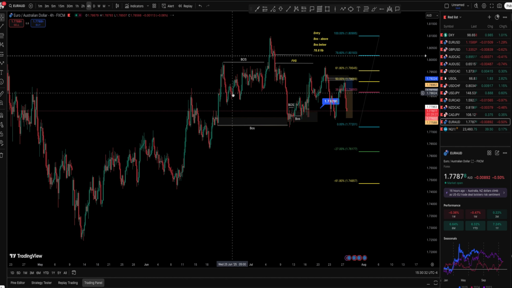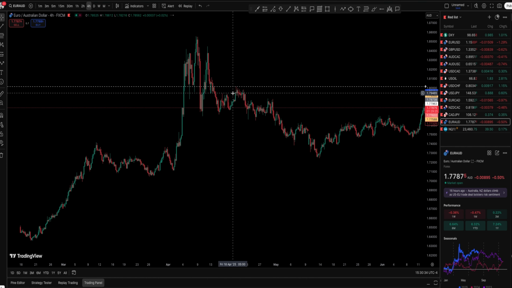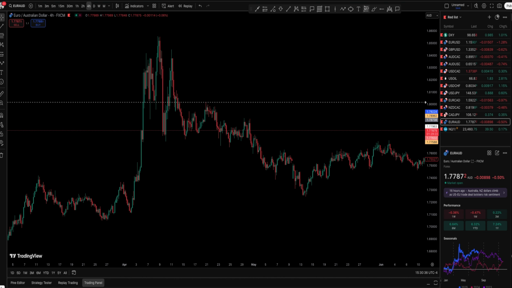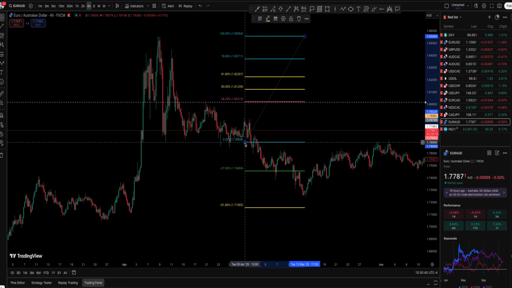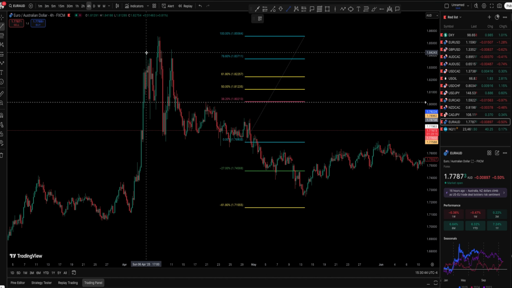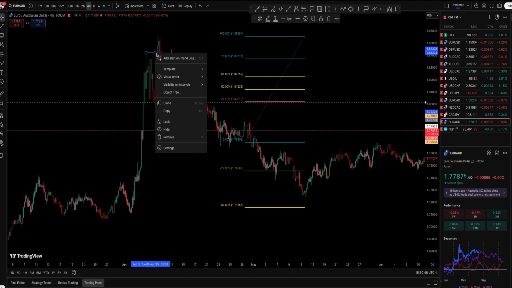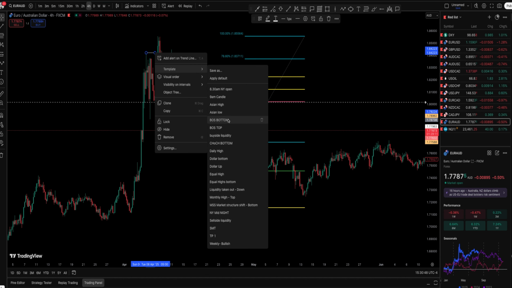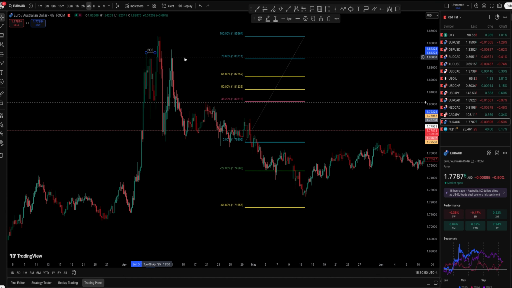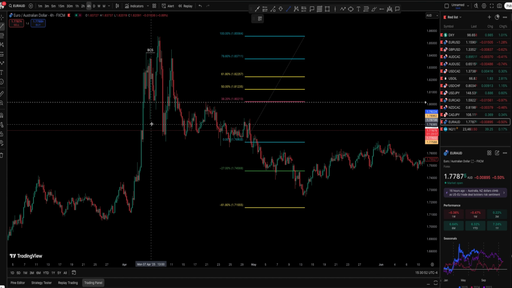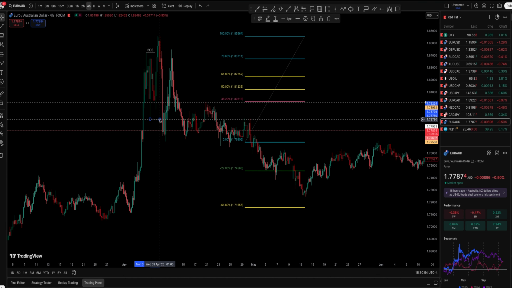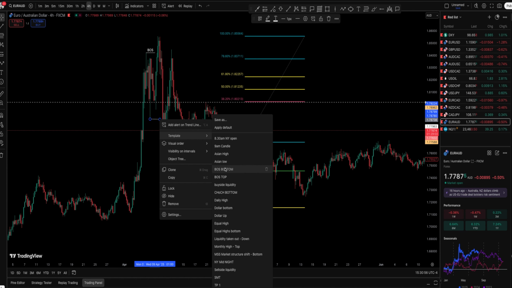So let's go and see another chart here. There we go. Okay, this one here, when I see something like this, top to bottom, so from the high to the bottom, always the H4 time frame, so BOS above, BOS below.